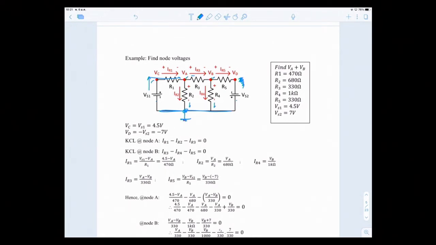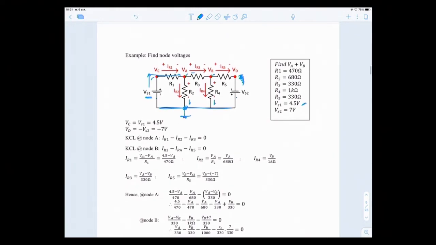Then what's next? We have the currents flowing. Now, does the problem give any node voltages? Well, it did. It gives VC. VC is VS1, which is 4.5 volt. And VD is minus VS2, because you see that it's flipped.